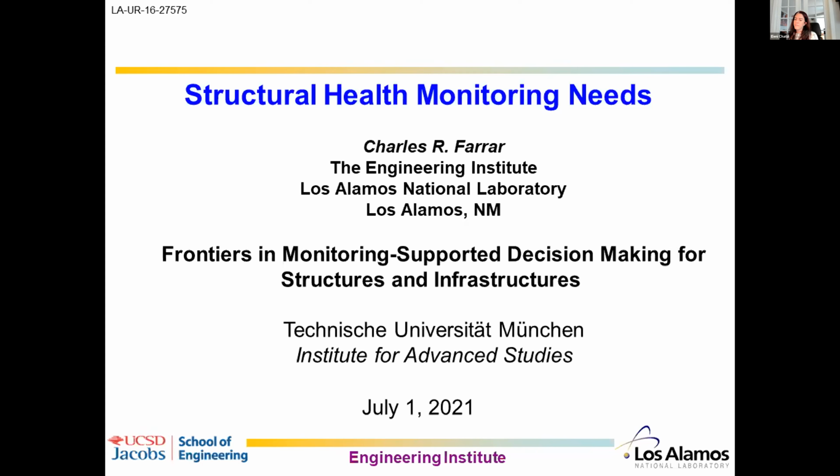And today the focus is on machine learning driven SHM towards system level assessment. We're very pleased to have as guests today Chuck Farrar from Los Alamos National Laboratories in the US, and Keith Worden from the University of Sheffield, who actually wrote the book on machine learning for SHM.